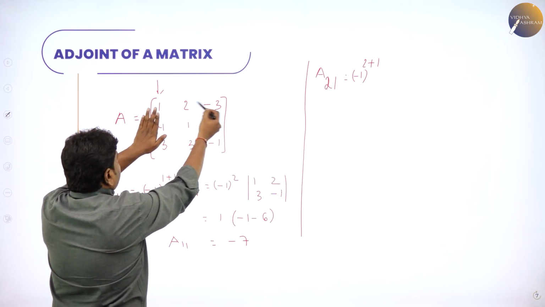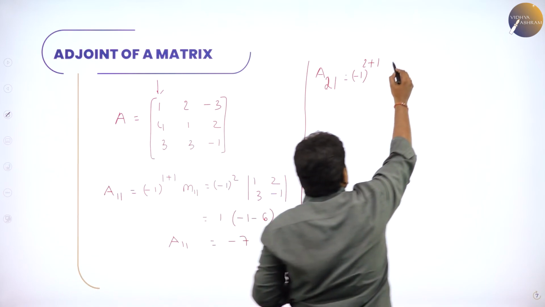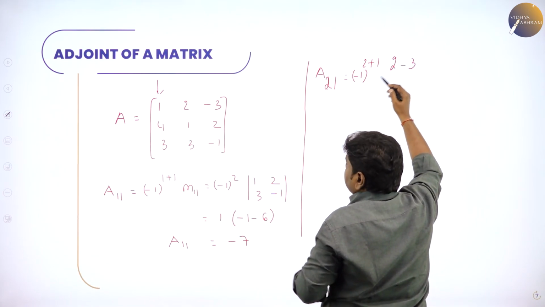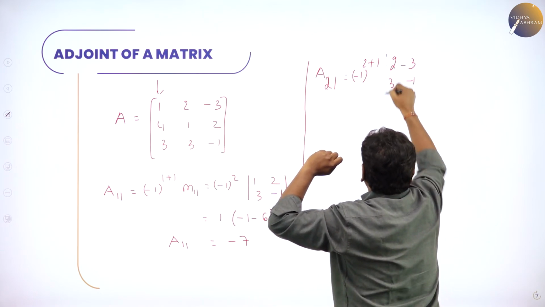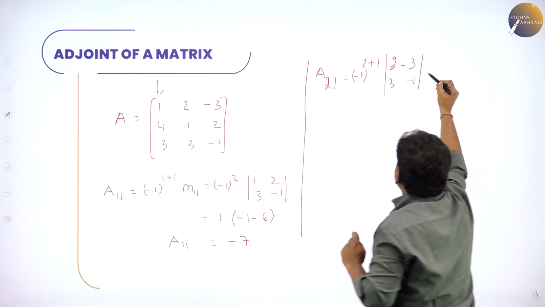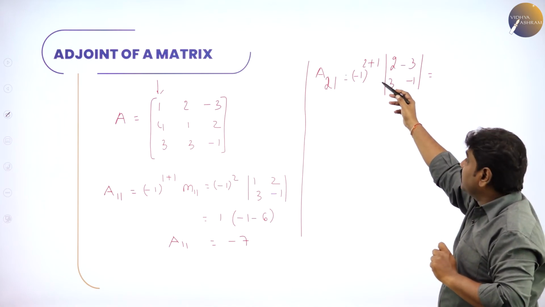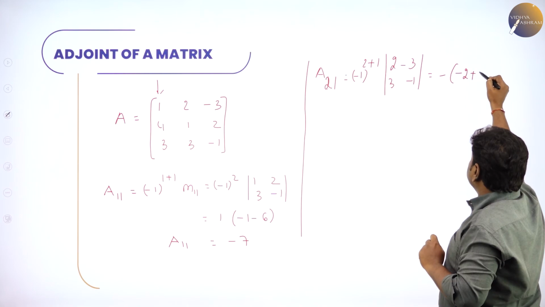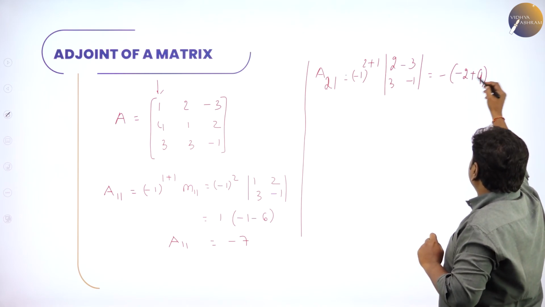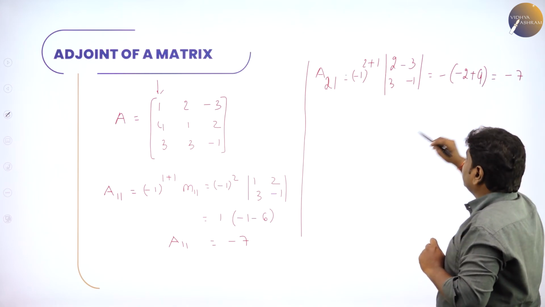I'll get 2, minus 3, 3, minus 1. That is minus 2 plus 9. Minus 1 power 3 is minus 1, so 9 minus 2 is 7, it will become minus 7.